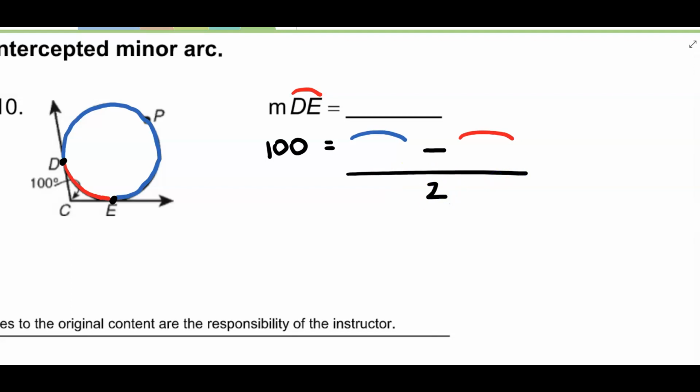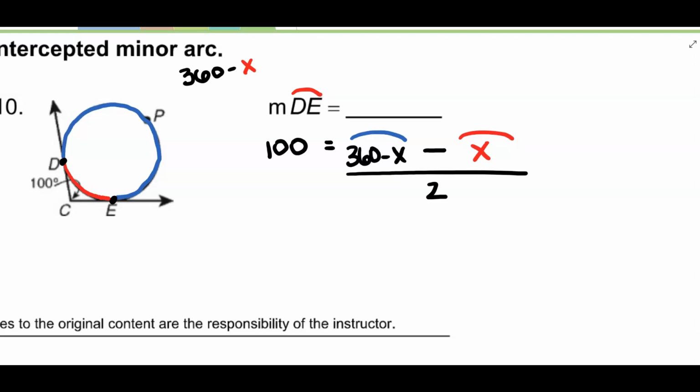The close arc is what we're looking for, so that's our X. The far arc, all we know is the full circle of 360 minus the arc we're looking for. So 360 minus X, that's the measure of our far arc.